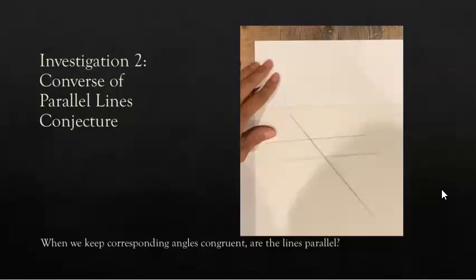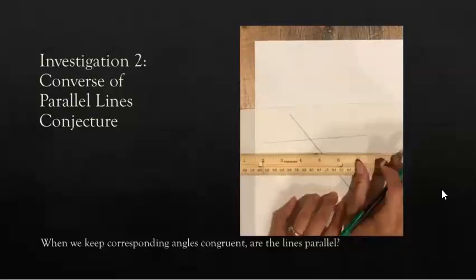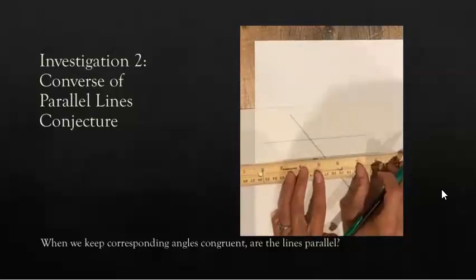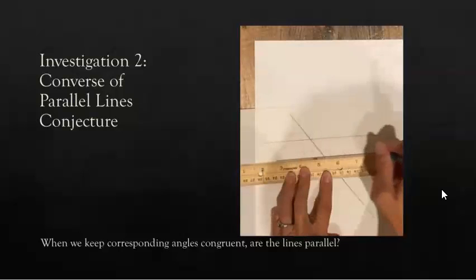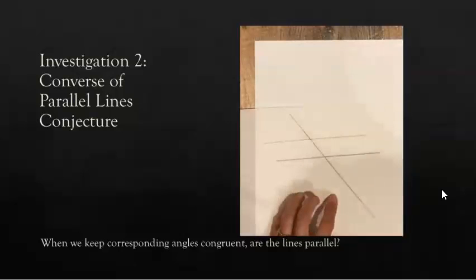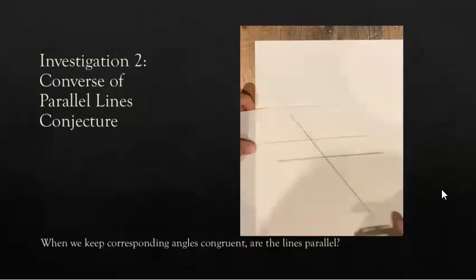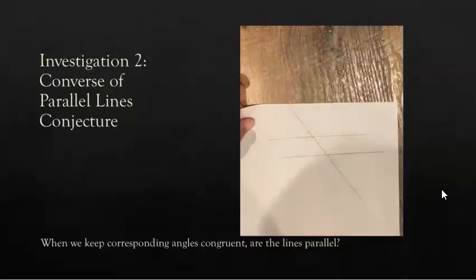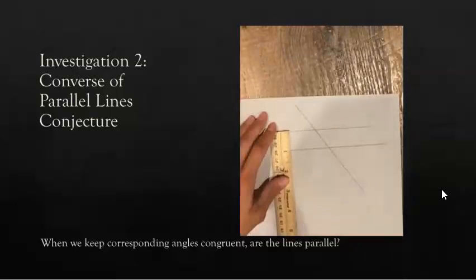And if we keep that transversal lined up as though it's the same line, then we're going to trace the underneath line again. So now we have 2 lines cut by transversal, and we know that all those angles are congruent because we traced the original one twice. So we know that those angles are the same.